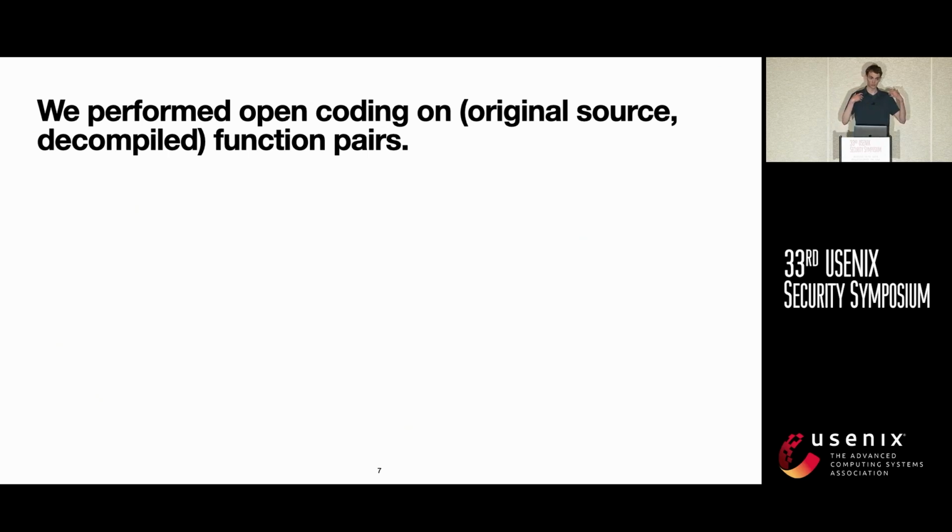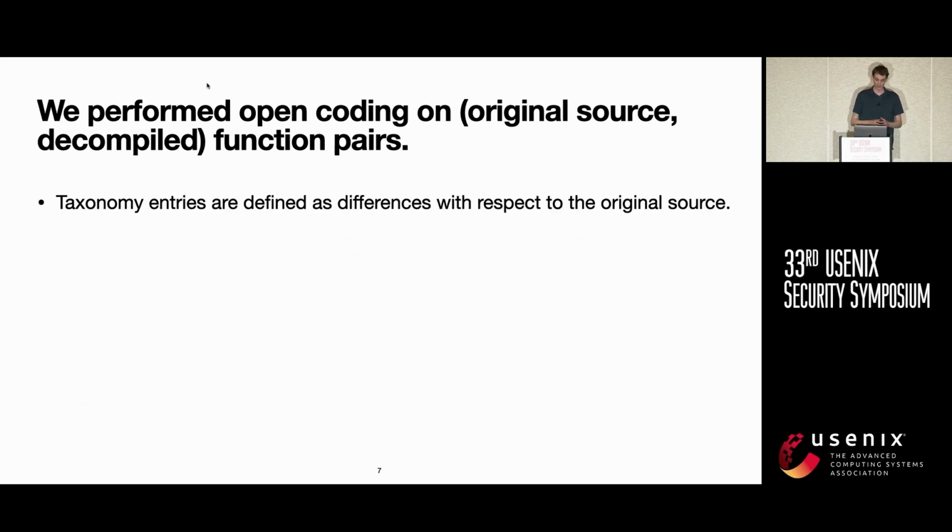So basically, we took source code, compiled it, decompiled it, matched up the functions, and operated on this. The entries in our taxonomy are defined as differences with respect to the original source code. So we consider the ideal decompilation, if we had a magically perfect decompiler, the one that is exactly identical to the original source code. Now, obviously, this is not possible in general, but we would like it to be as close as possible.